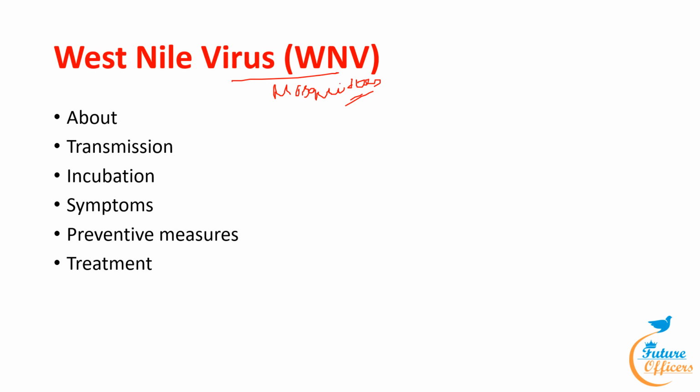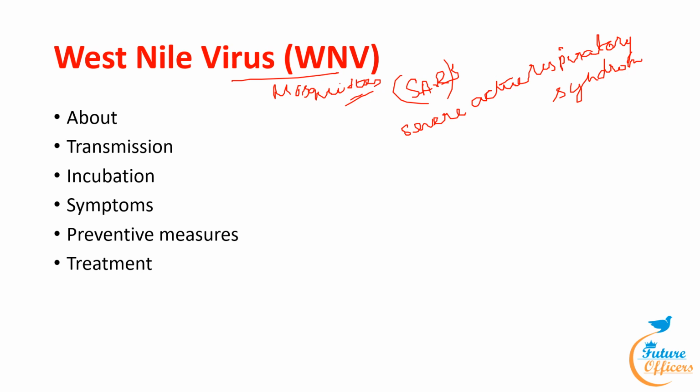Severe acute respiratory syndrome, that is SARS, influenza, the common cold, and hepatitis B and C are notable illnesses brought on by RNA viruses.